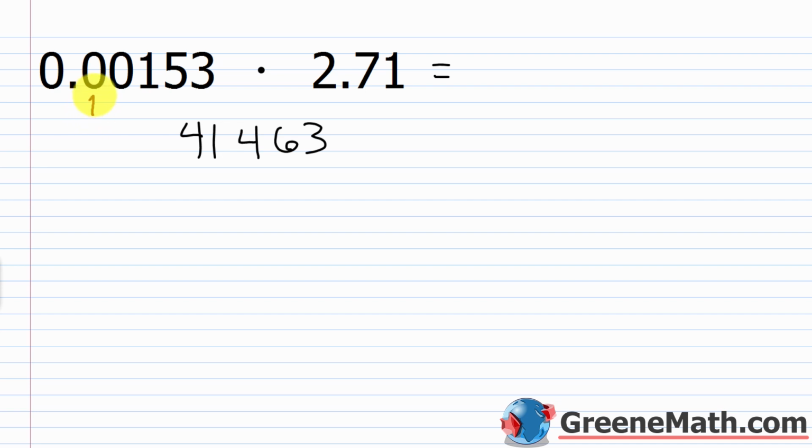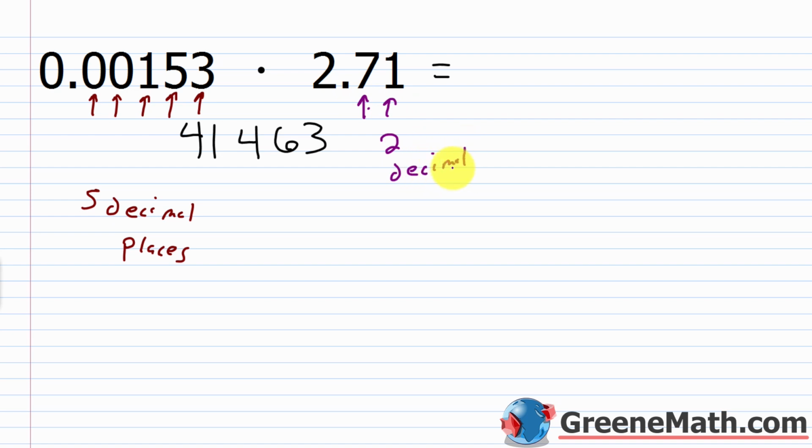In this number, I have 1, 2, 3, 4, 5 decimal places, right? 5 decimal places. In this number over here, I have 2. 1, 2 decimal places. So between both factors, I have 5 plus 2, or 7 decimal places. So that tells me I need to move my decimal point 7 places to the left.